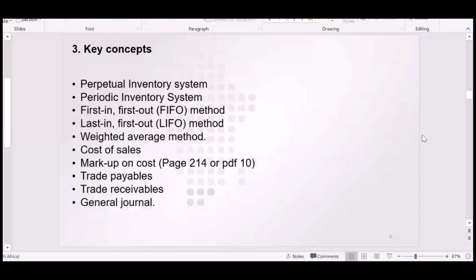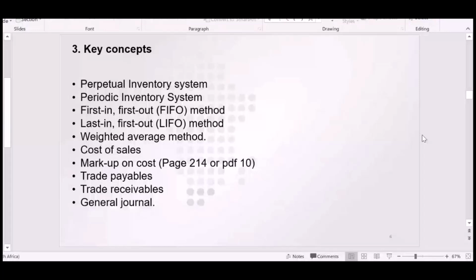The cost of sales and the markup: who wants to tell us what the cost of sales and the markup are? Okay, so I'm thinking cost of sales is how much money it takes for you to sell the bread. When you stock your bread, how much does it cost? When you stock your tools and so on, how much does it cost?